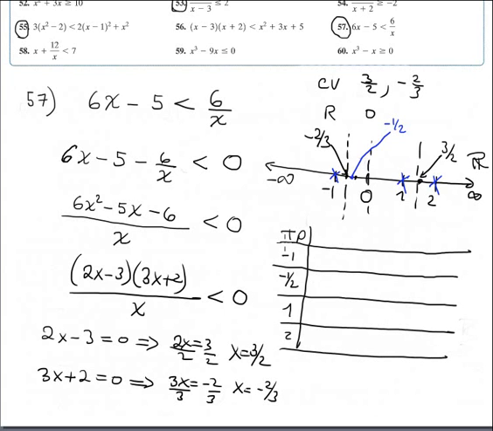And we have three factors. One factor is 2x minus 3. Another factor is 3x plus 2. And another factor is x. Then the total.